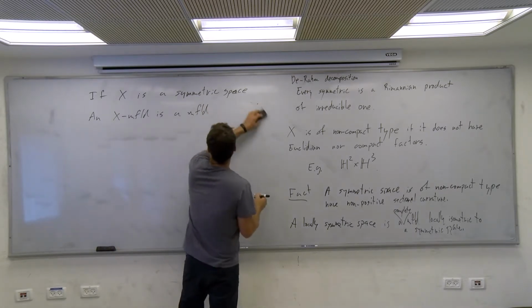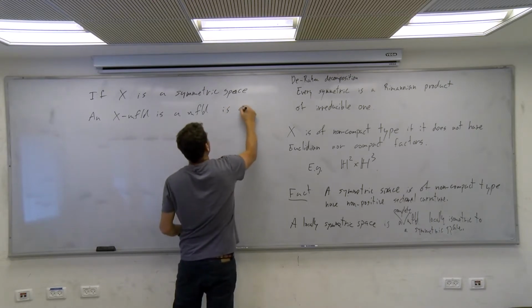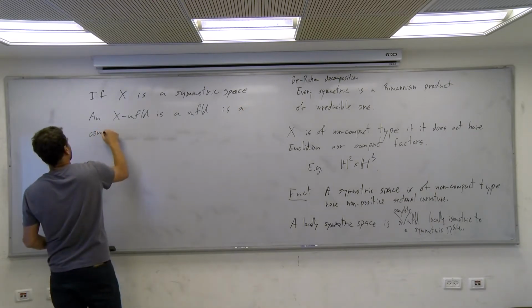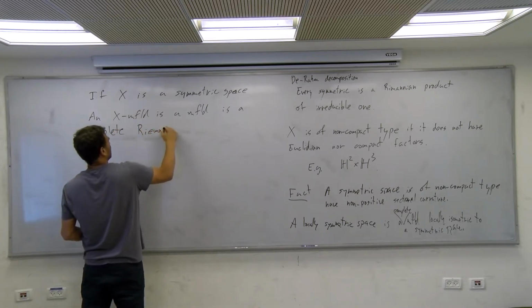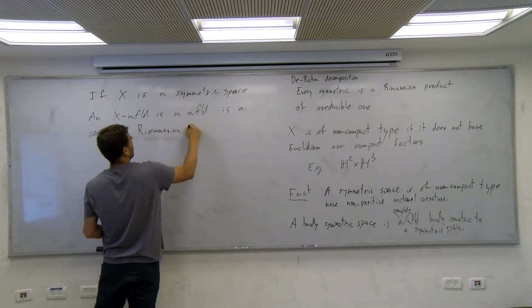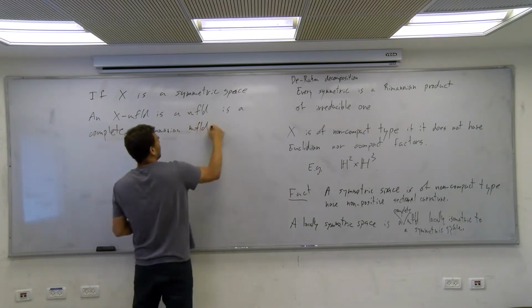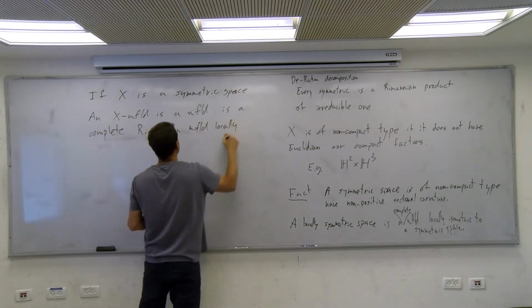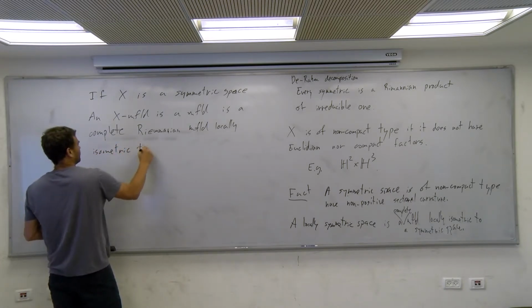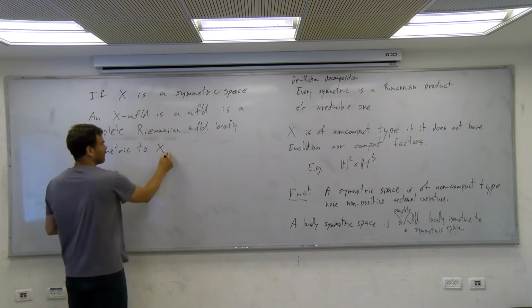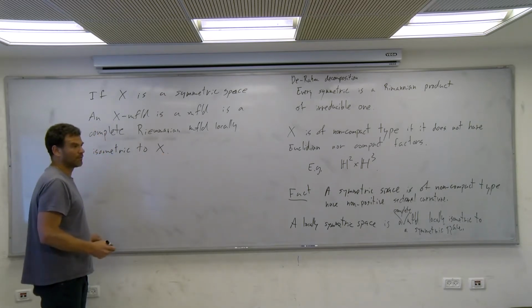An X manifold is a complete Riemannian manifold locally isometric to X. You say complete now, but you didn't say it before because it followed from the definition, or just because?